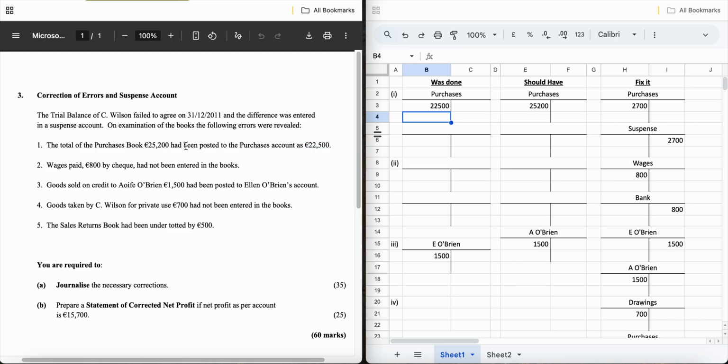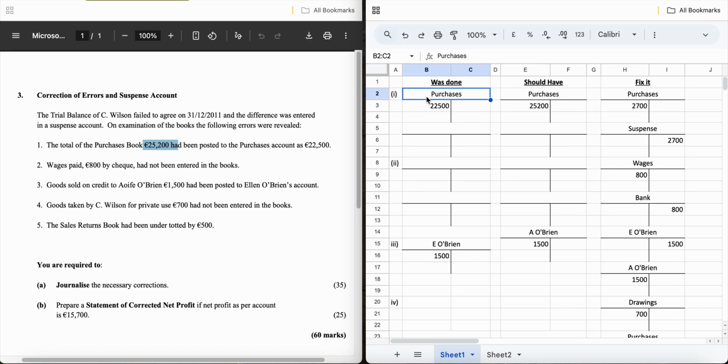Okay. Now, forget what they did. What should have happened? They should have put in purchases 25,200. So we put in purchases 25,200. Now we match both sides. They should have put an extra amount on the left hand side, so we put an extra amount on the left hand side, 2,700, because when we add what they did to what we're going to do to fix it, it matches what should have happened.